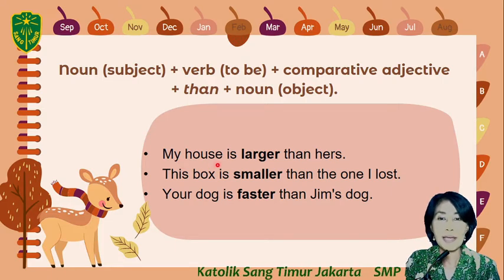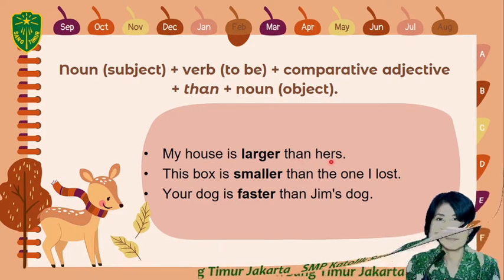Example: my house is larger than hers. This box is smaller than the one I lost. Your dog is faster than Jim's dog. Remember, put than after adjectives to compare two things: subject, object.